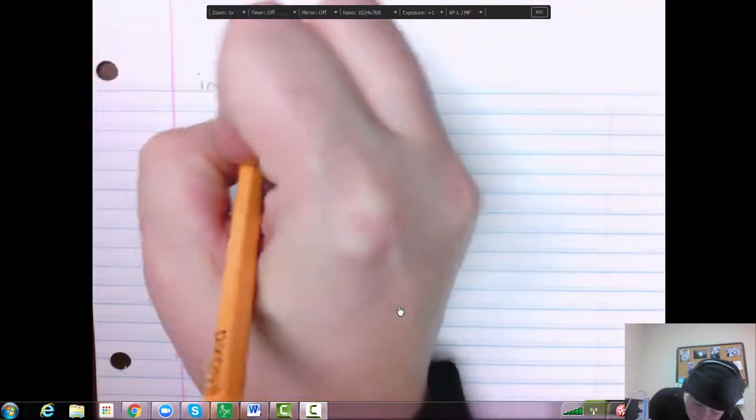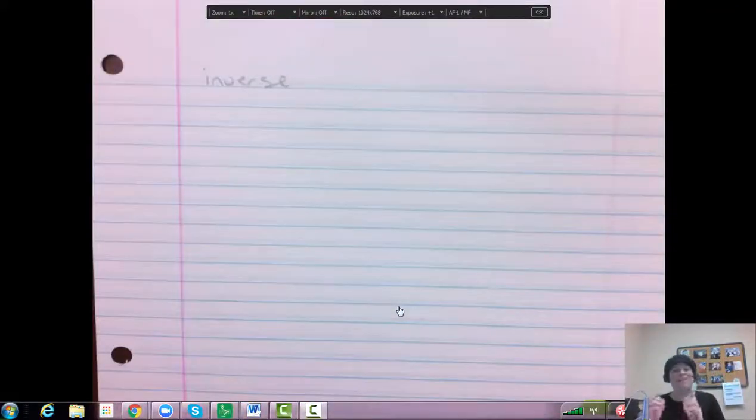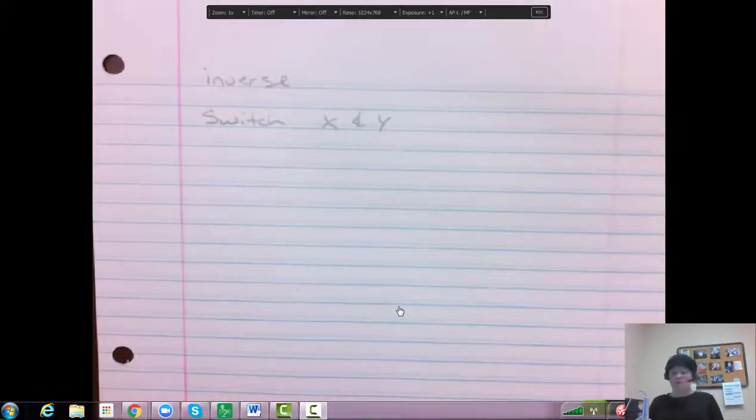Okay, and then the next idea, this section really truly had, I thought, some different ideas. Once you see this, I think you'll do your homework quick, but the video is probably going to take you longer. Then it had the idea of inverse. Now remember, an inverse is where I switch the x and y. We switch x and y, and typically then we would solve for the new y, and that's our inverse.